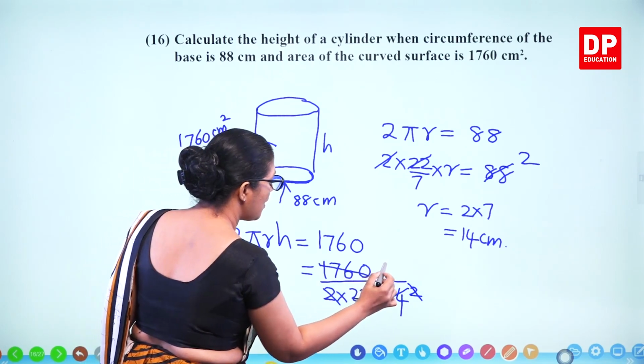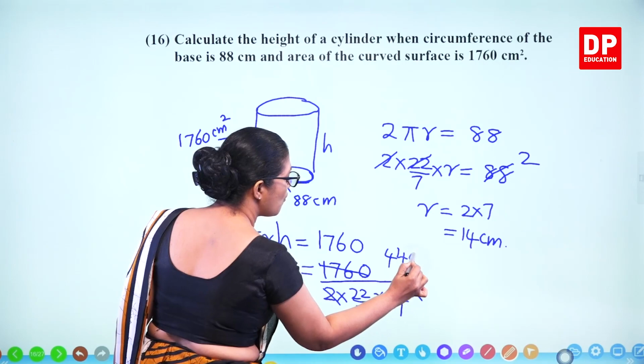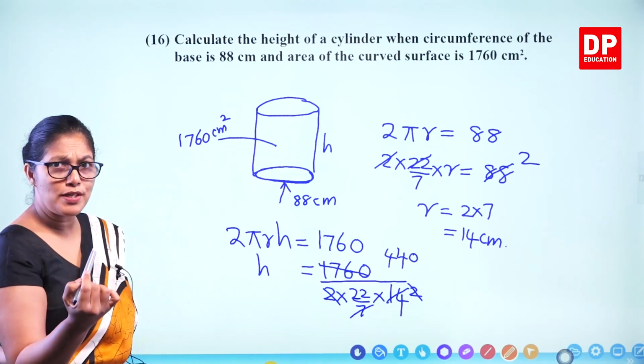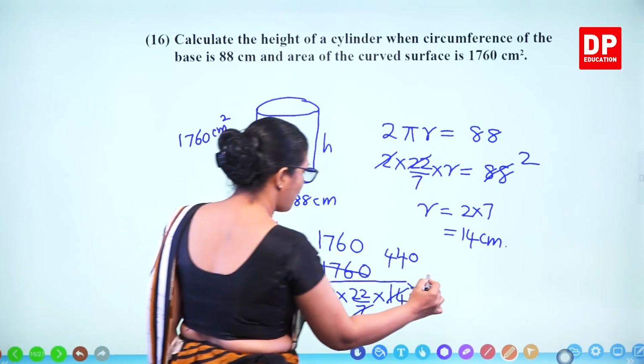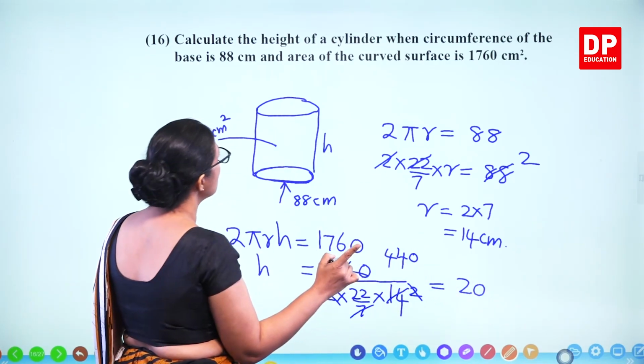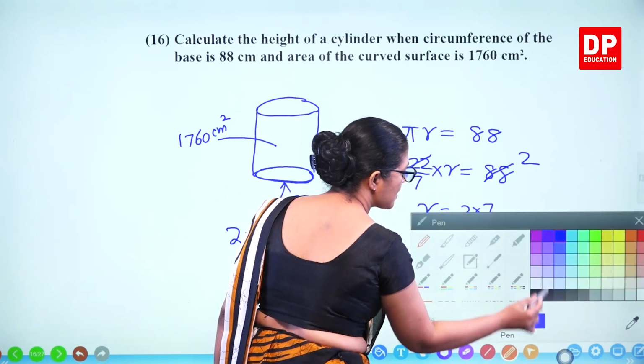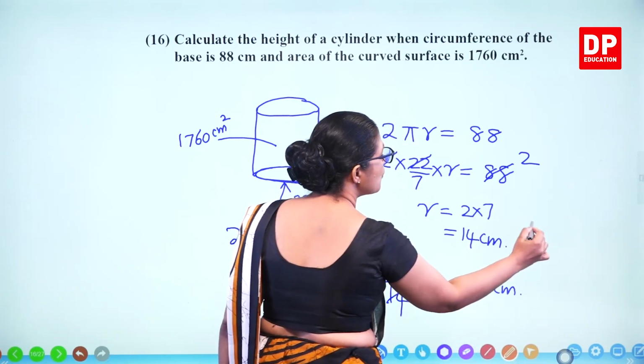Divide by 4 here. 4 times 4, 16 and 16, 440. Now divide by 22. 440 divided by 22 is 20. So the height of the cylinder is 20 centimeters. 2 marks for that.